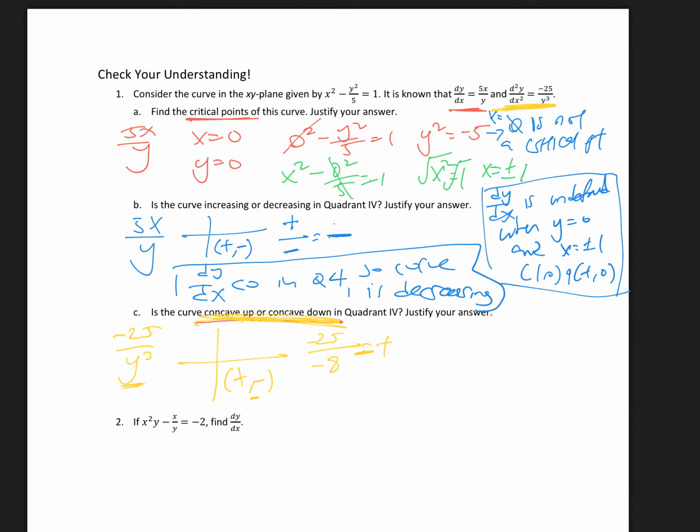Right? So now I can go ahead and write my statement here. Let's see. So the second derivative is greater than 0 in quadrant 4, so the curve is concave up.